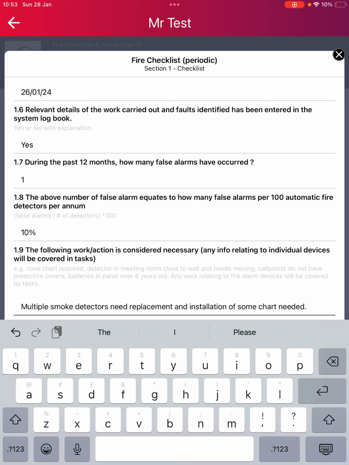So with the emergency light, say EM light 9 failed 3-hour test, needs replacement. EM light 10 not charging, needs fault finding, possible replacement. Do it in a way so that even if I weren't in the office with you, I would be able to quote 90% of it just by looking at that list.